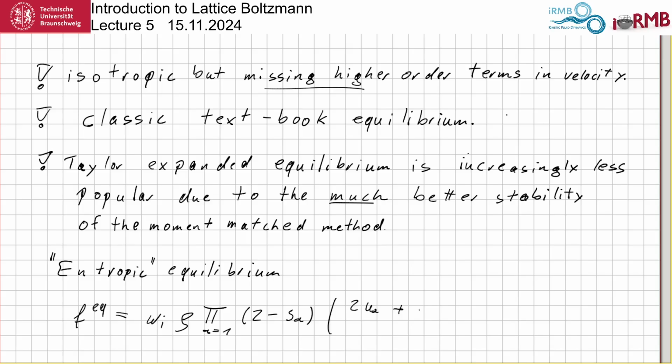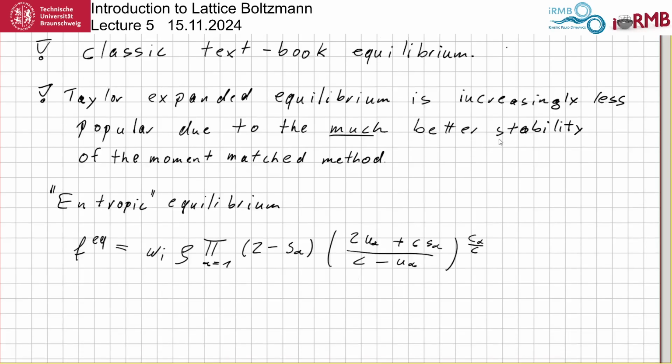So we have plus cs, I'm trying to use their notation, (c minus u alpha) to the power of c alpha divided by c, where alpha is either the x velocity or the y velocity, and c is of course delta x by delta t.